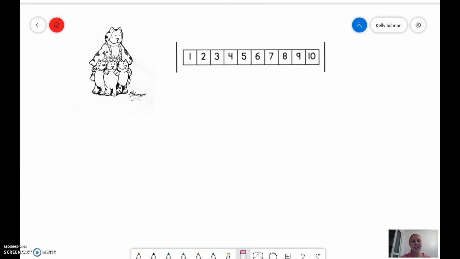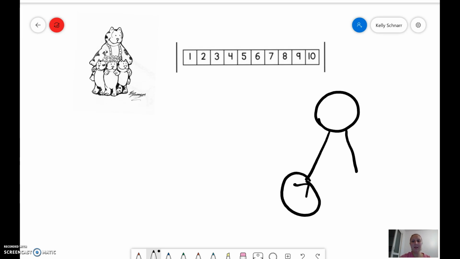Okay, friends, now let's see. I can use the number bond. If she has 7 mice and she needs to get to 10 mice, I know that 7 and 1, 2, 3 more make 10.